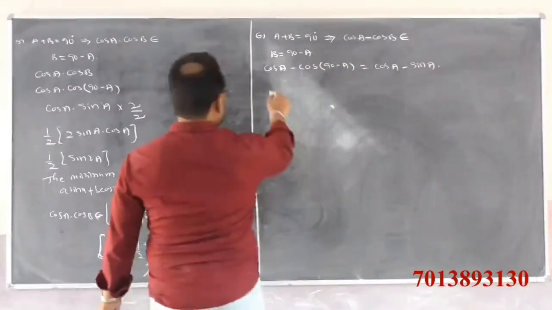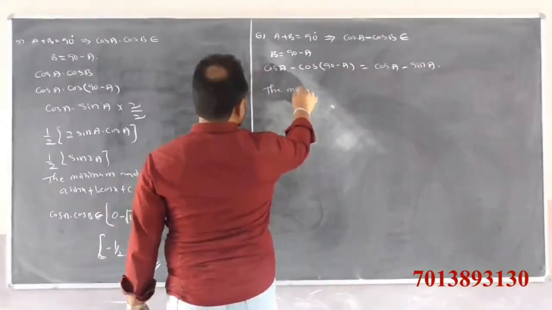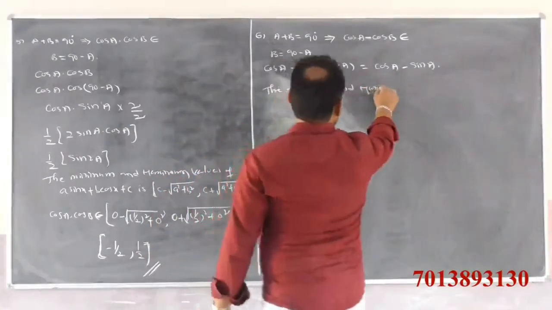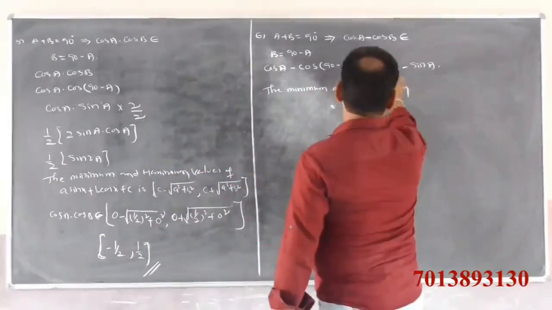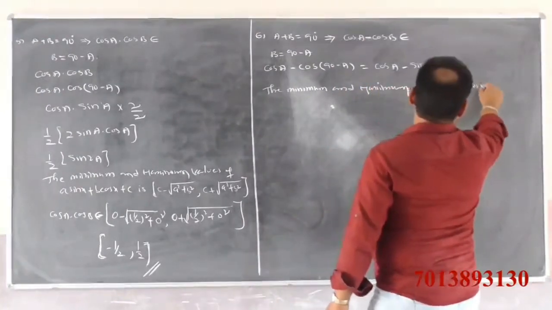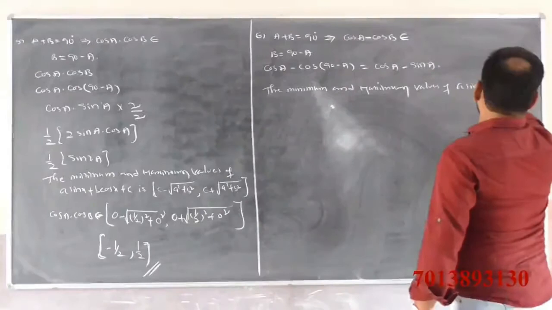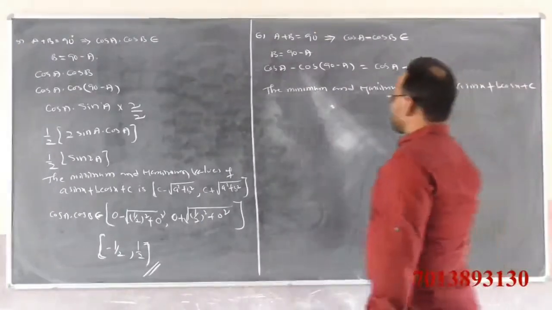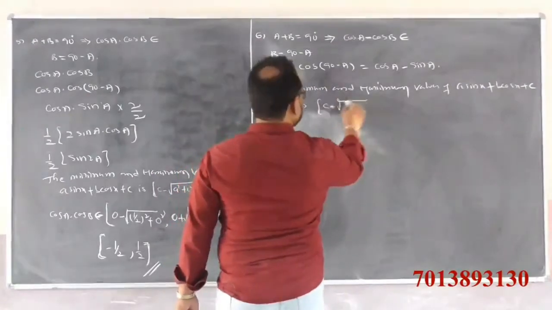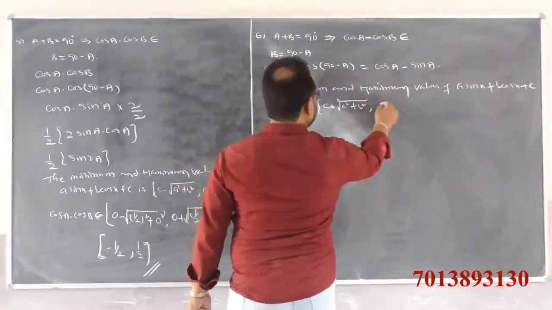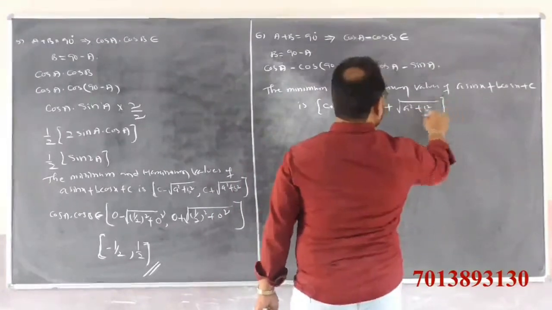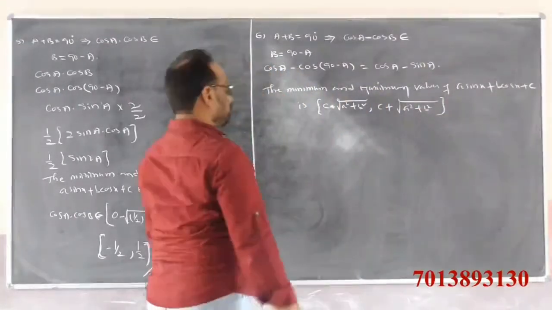So the minimum and maximum values of A sin x plus B cos x plus C lie in the closed interval C minus square root of A square plus B square, comma, C plus square root of A square plus B square.